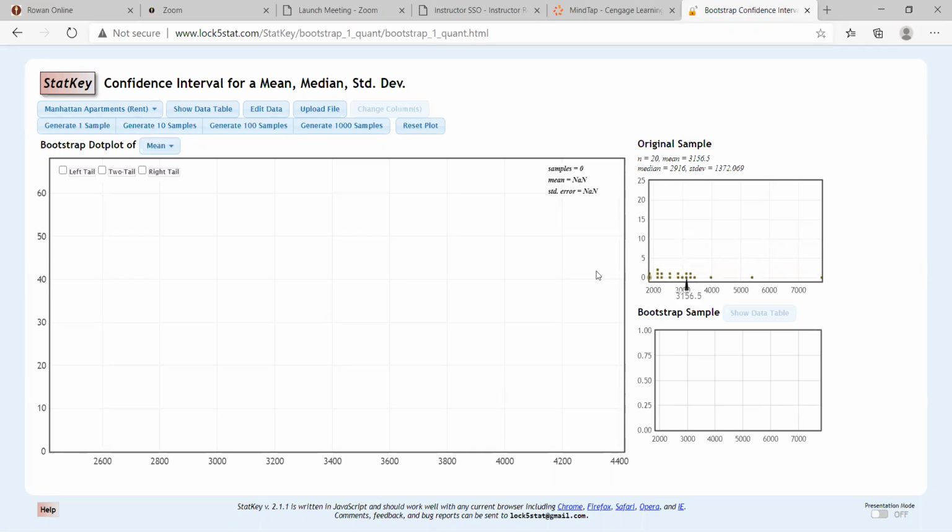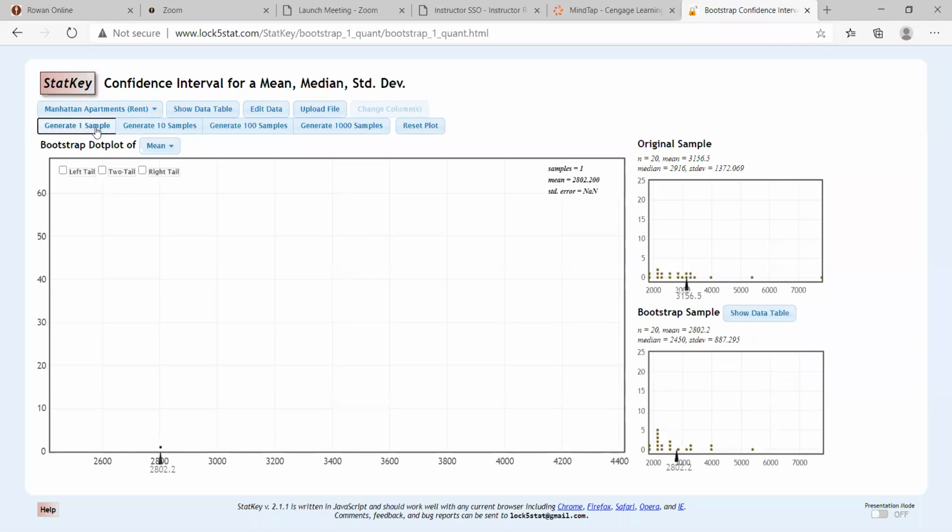All right. And suppose we wanted to create some bootstrap samples from this. So here is a bootstrap sample. All these dots represent the particular values that came from the original sample, but some of them were repeated, because it's sampling with replacement.